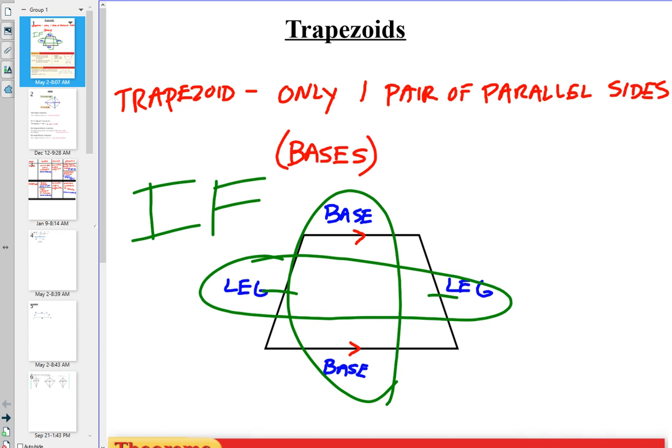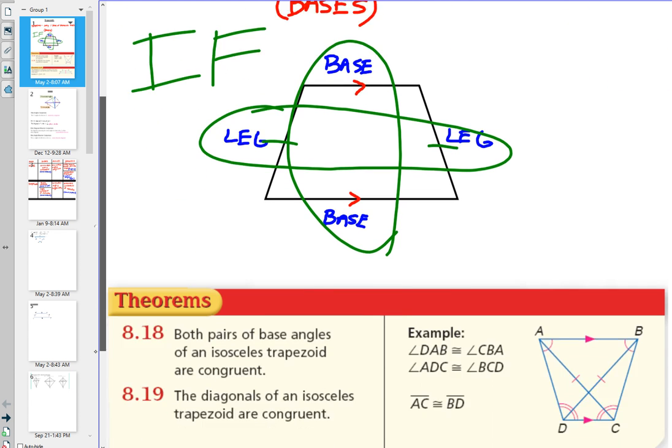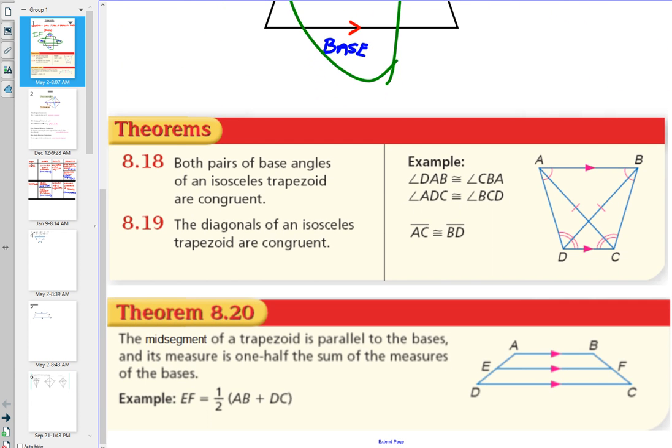In an isosceles trapezoid, not only are the legs congruent, but now both sets of base angles are too. So I guess I should talk about that.